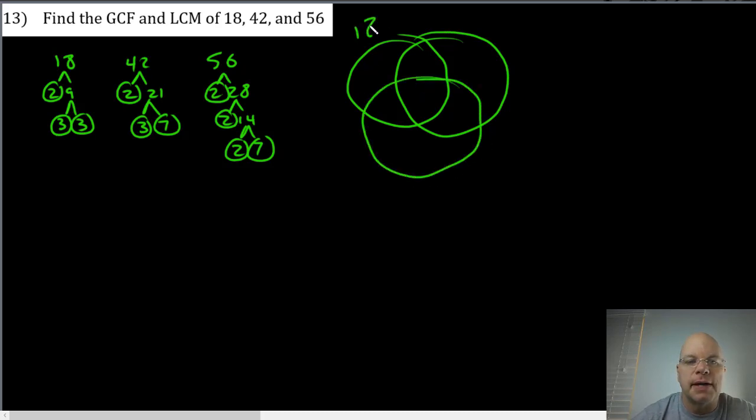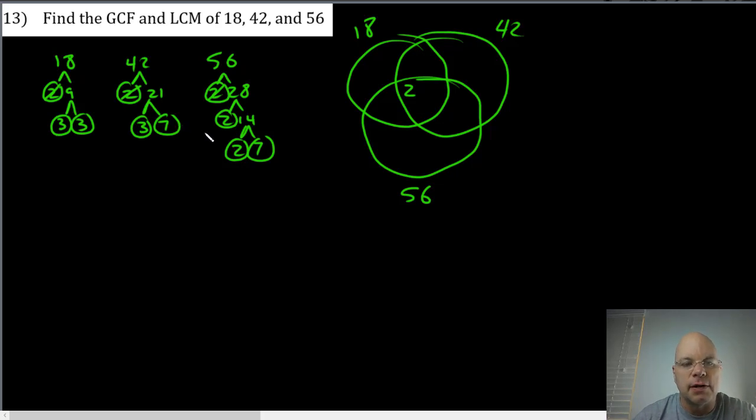Make this my 18 circle, this my 42, and this my 56. I'm looking first for factors that are common to all three, factors that are shared by all three, like 2. 2 is in all three of these trees, so I'll cross a 2 off of each tree, place it in the intersection of all three. I have 3s here, and I have a 3 here, but I don't have any 3s here.